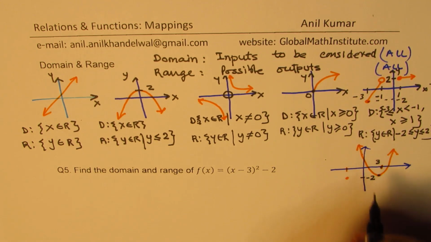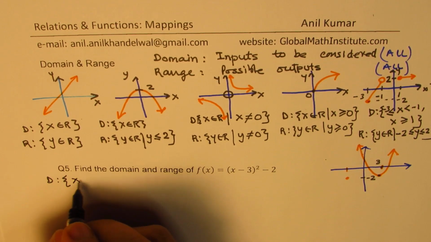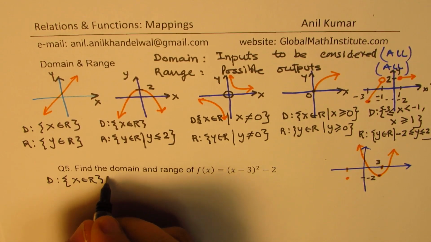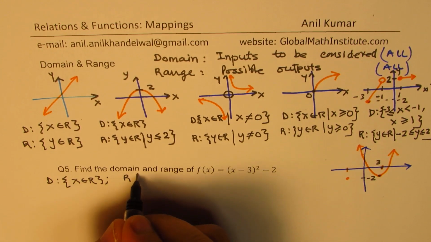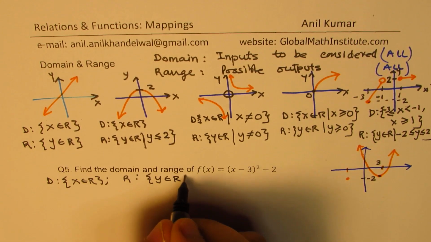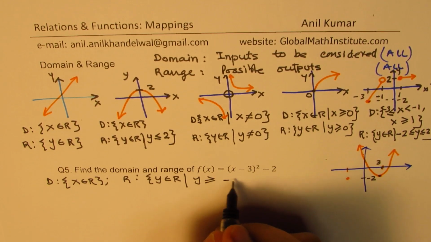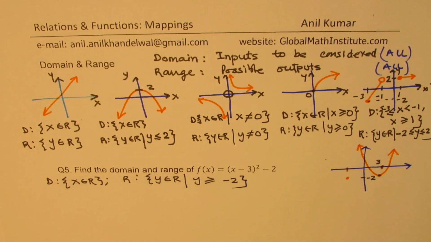Now from here, we can write that the domain for the function is x belongs to real numbers. As far as the range is concerned, y belongs to real numbers, however, y is greater than or equal to minus 2. Correct?